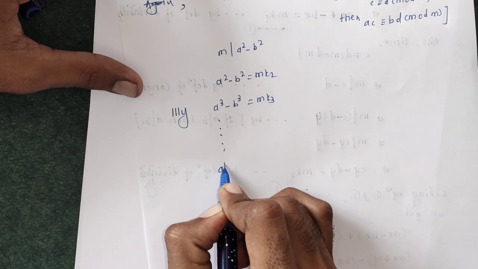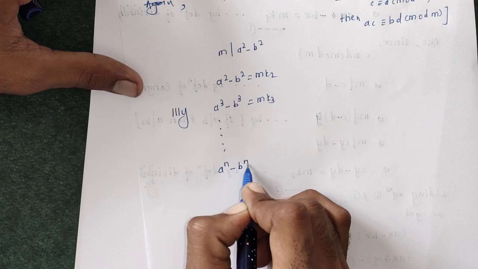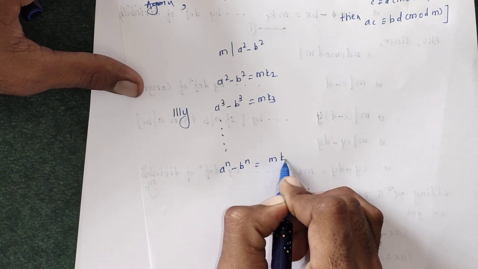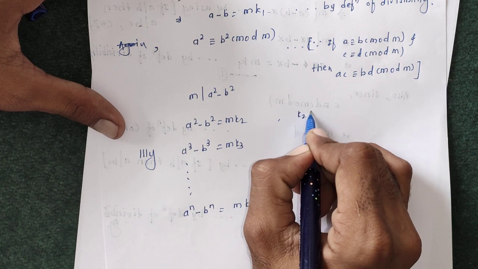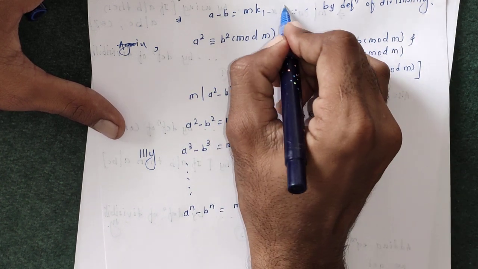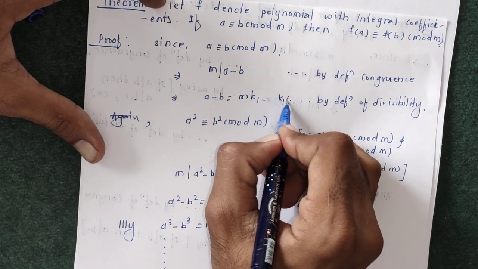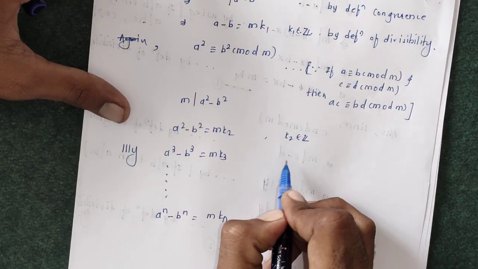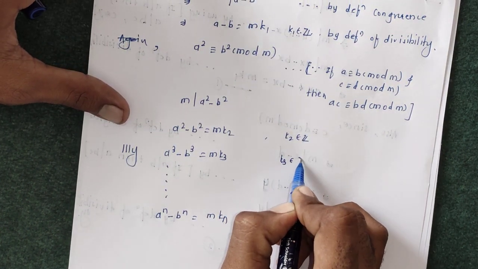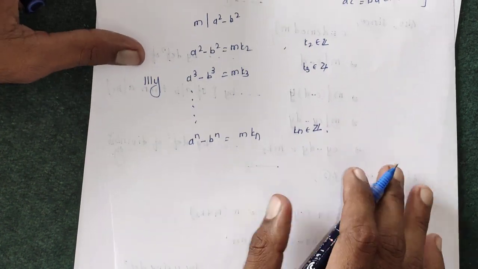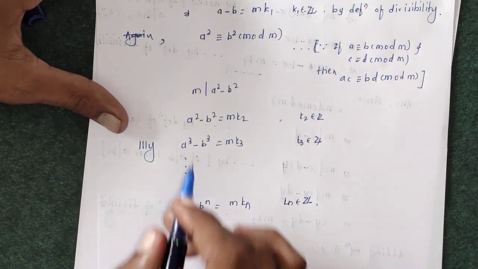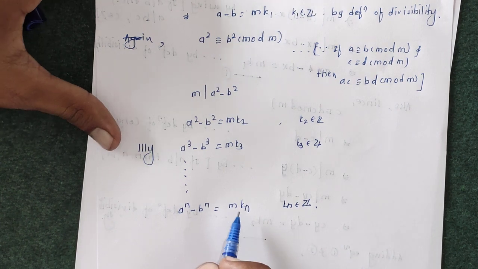We get a raised to n minus b raised to n is equal to m times some kn. All these ki's, k1, k2, k3, up to kn, are integers.